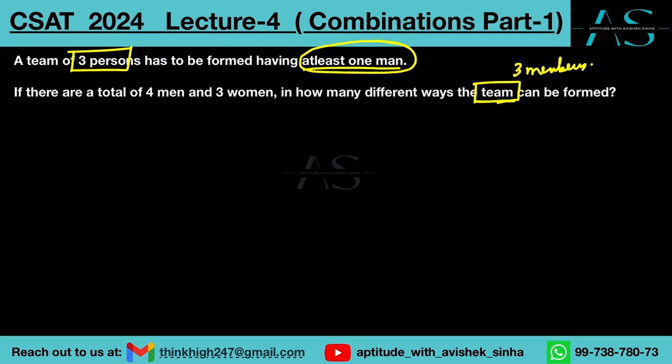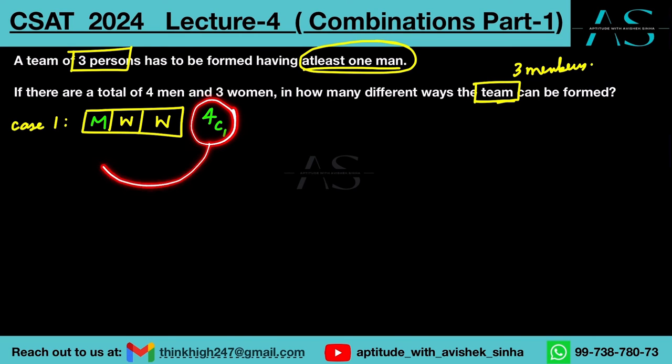Okay, so can we say, let's say case number 1, we have only one man and 2 women. Now please tell me, how can we pick one man out of 4 men? 4C1 ways. Having done this, I have filled only one spot. I have only selected one person.